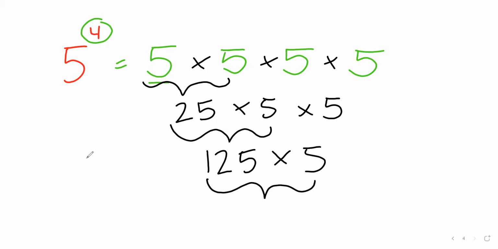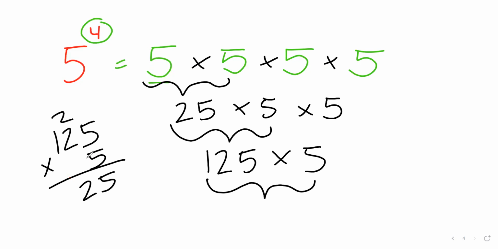And 125 times 5, well, I'm going to have to do this math over here. I'm going to do a standard algorithm real quick. So at the end of the day, 5 to the power of 4 is equal to 625.